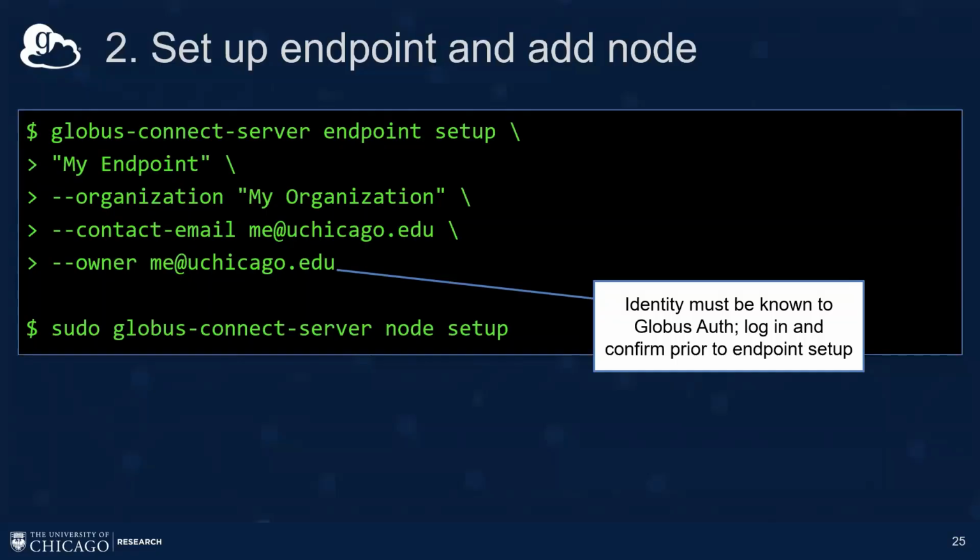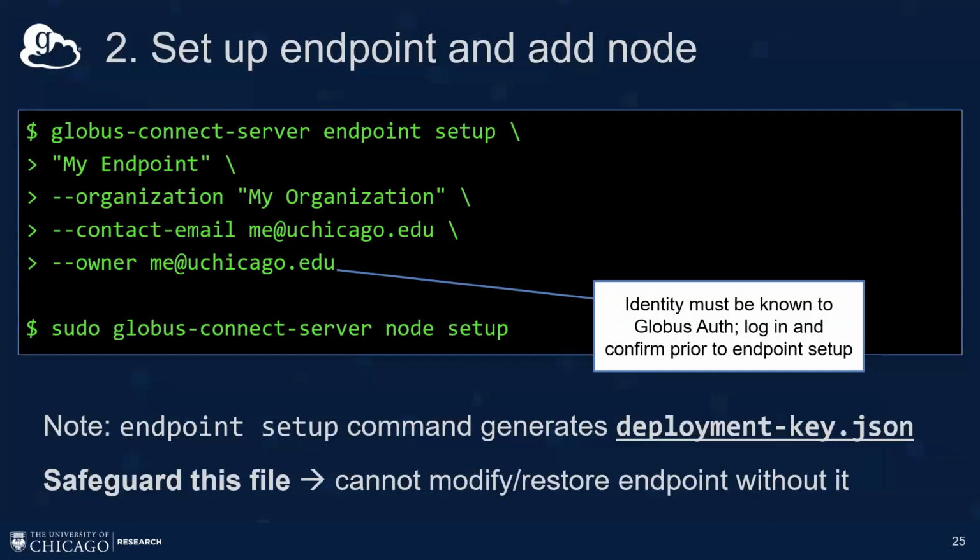All right, and that's it. That runs a few steps and spits out a UUID for your endpoint. And then the next thing you do is you run node setup. If this is the very first node in the endpoint, you just run it and that's it. This command generates a deployment key JSON file.